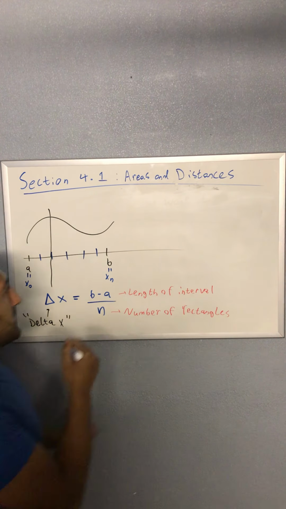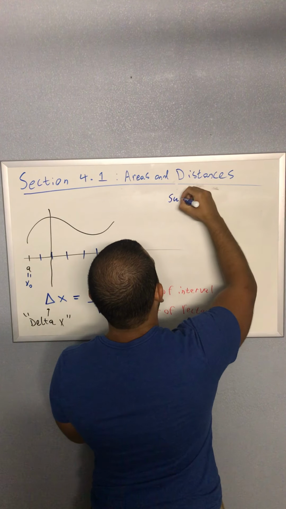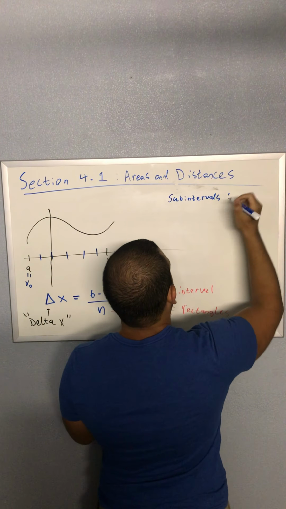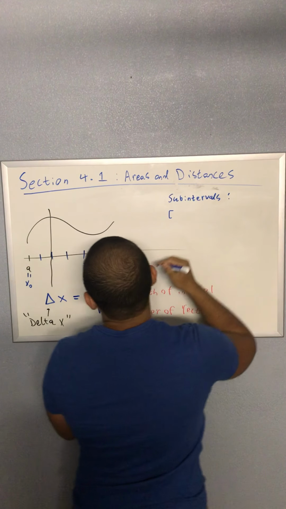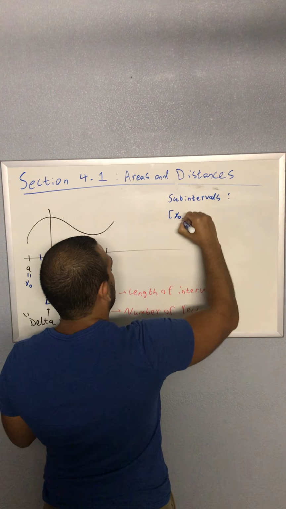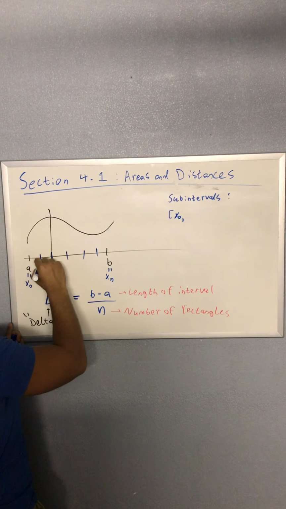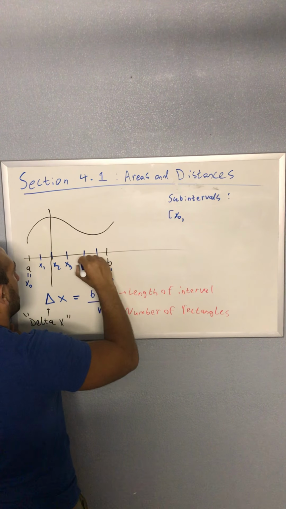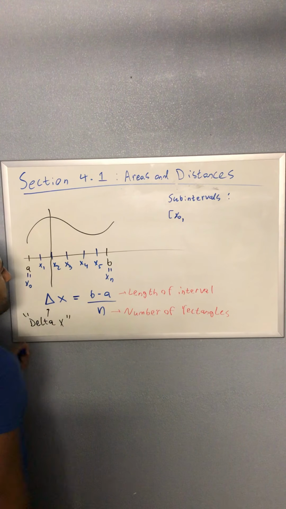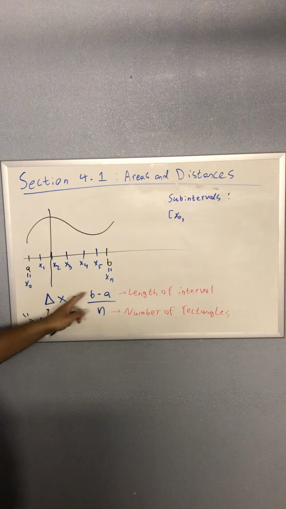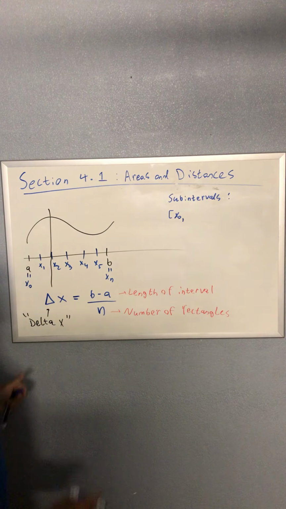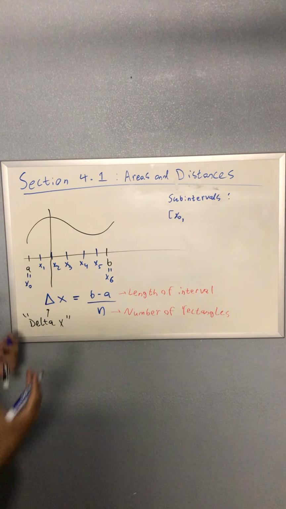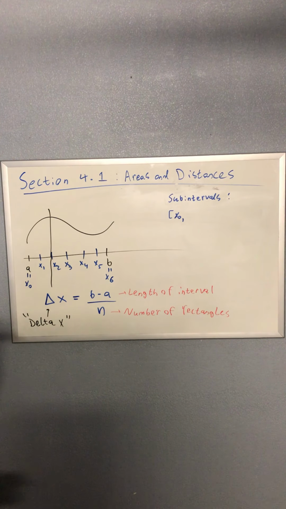Because if we look at this, the subintervals will be x0 to what I'll now call x1, so I'll call this point x1, this x2, x3, x4, and x5. And so this should be x6 in this case. In general, it's some value n, we don't know what it is, but in this particular example, it's 6.